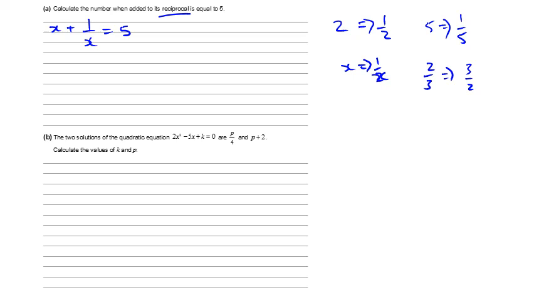Okay? Don't like dealing in fractions, so I times everything by x. x squared plus 1 equals 5x. Is that right? So x squared minus 5x plus 1 equals 0.